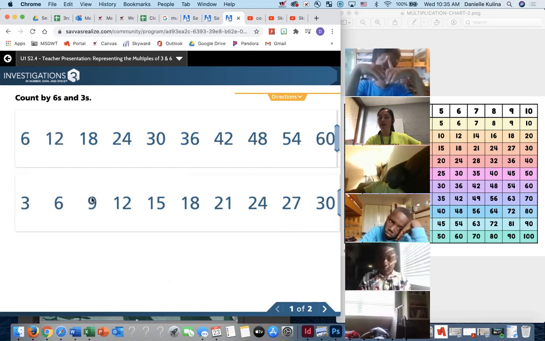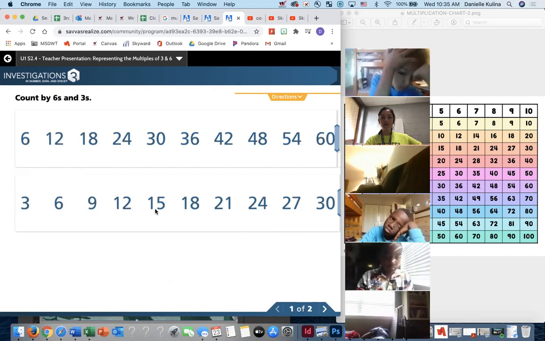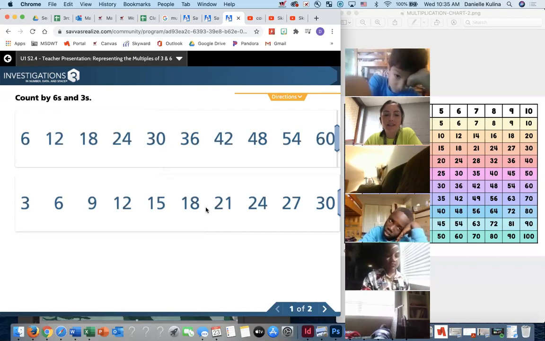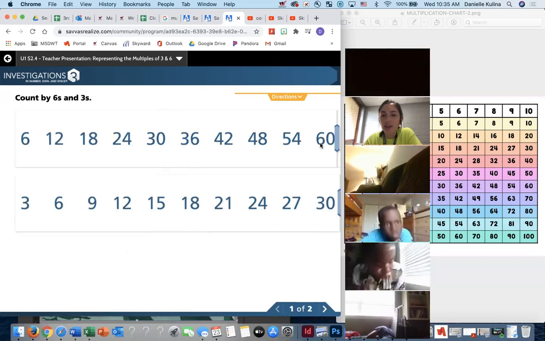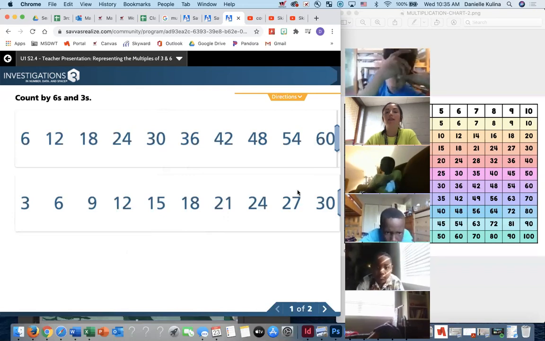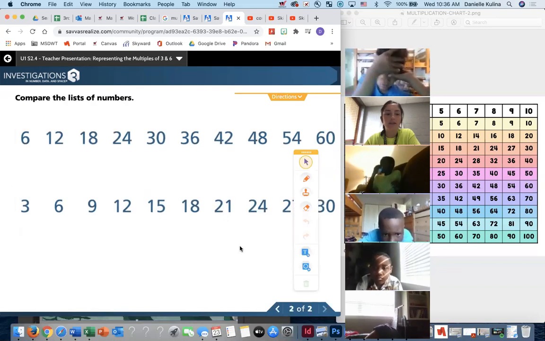What does 9 plus 9 equal? 18. What does 15 plus 15 equal? 30. Do you guys see a pattern? Yeah. All these bottom numbers, if you add them together, so you do 30 plus 30, it equals the 6 multiple. That's something crazy to look at.